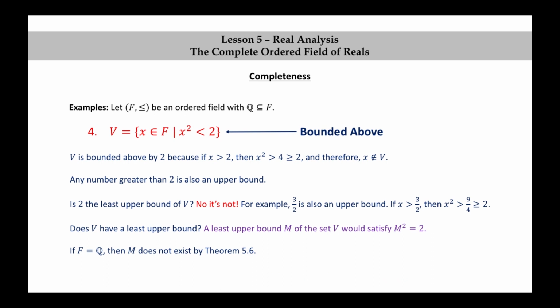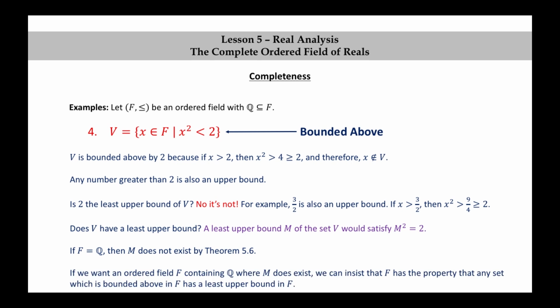Now, if F is the field of rational numbers, then this number M does not exist by theorem 5.6. Remember that theorem 5.6 says there does not exist a rational number a such that a squared is equal to 2.